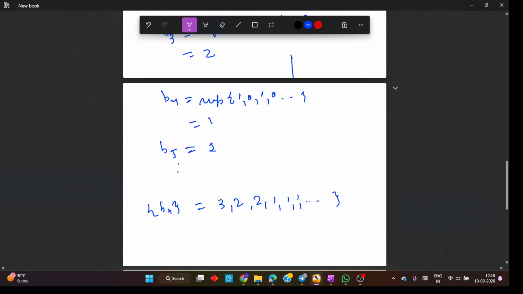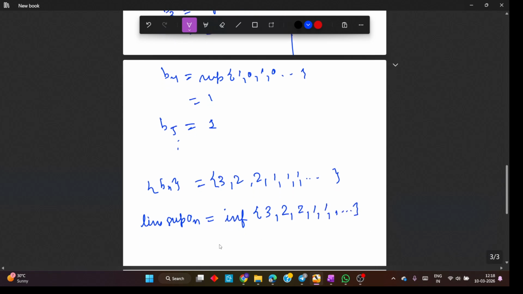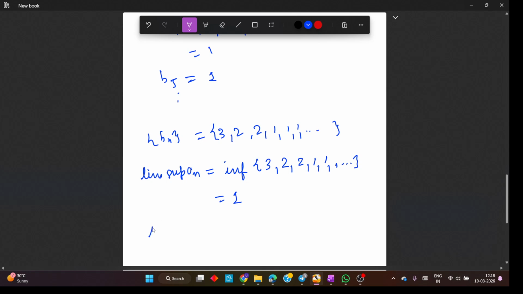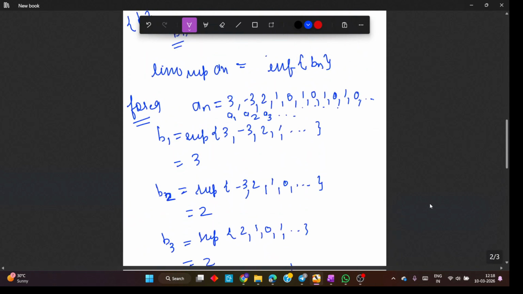Now limsup of a_n would be the infimum of 3, 2, 2, 1, 1 and so on, which means 1. So limsup a_n would be 1 in case of the sequence we defined just above.